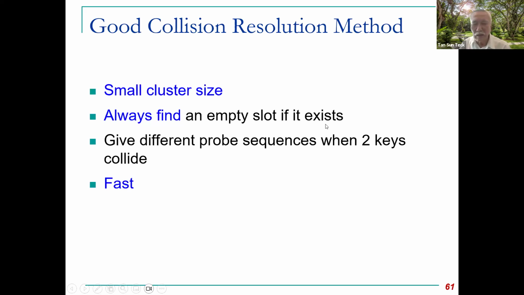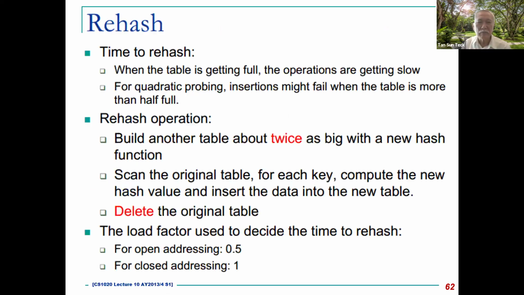So quadratic probing is no good. Linear probing still can find the empty slot because it just goes down to the next slot until you find the empty slot. Right, so the idea is given two probe sequences, when two keys collide, we want to make sure that they produce two different probe sequences. So therefore, there's no clustering. And then, of course, again, you have to be fast.